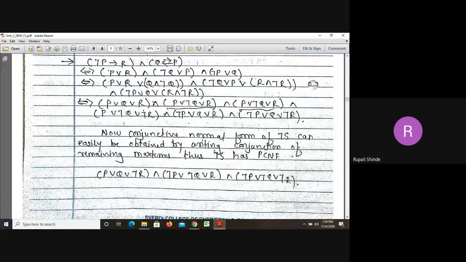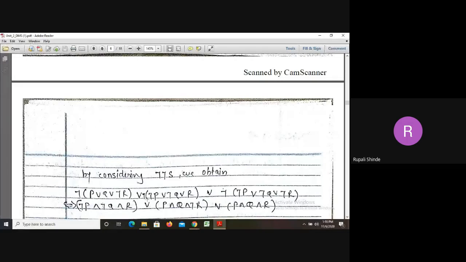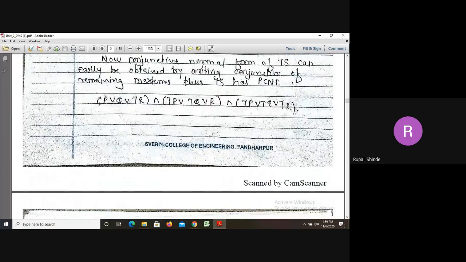And third one, negation P or negation Q or negation R. So these are 3 remaining terms. Now what we have to do? We have to take its negation. So it will give us PDNF.